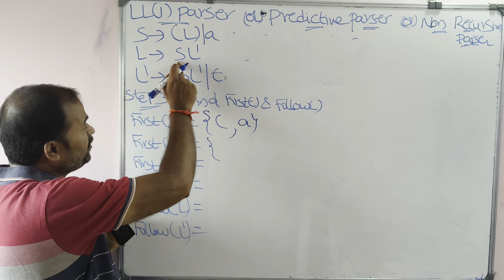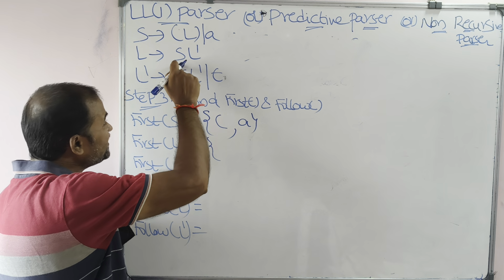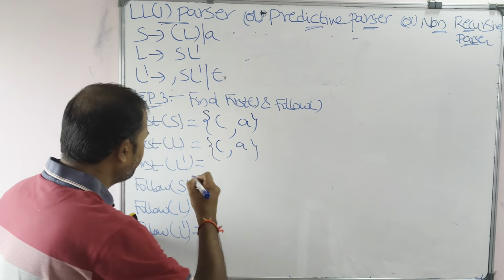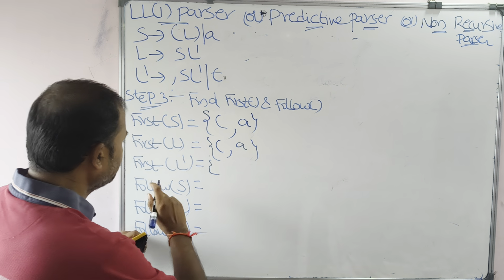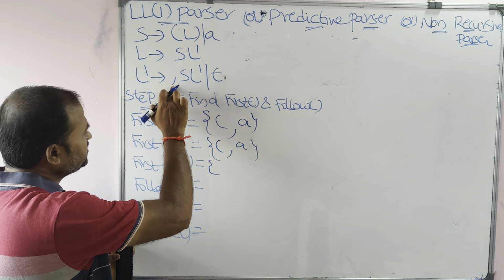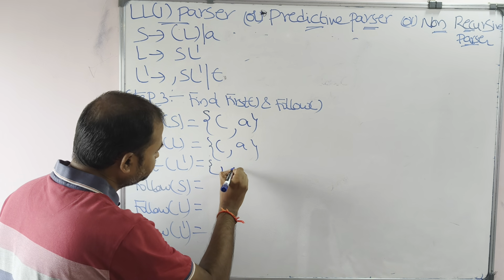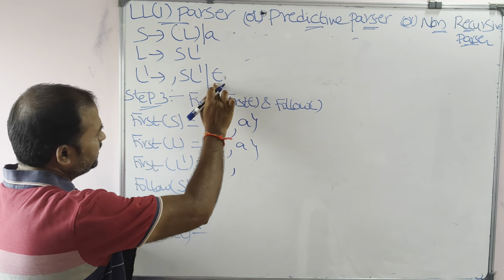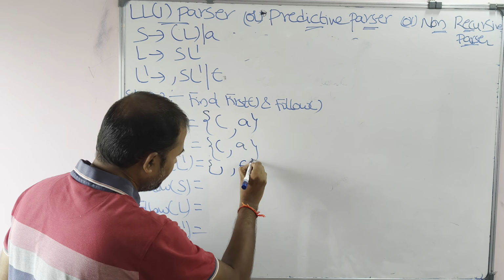Here we have a non-terminal, so first of S. It was already calculated: left parenthesis, A. Next, first of L dash. In this production, the first terminal symbol is comma. In the second production, L dash produces epsilon, the first terminal symbol is epsilon.